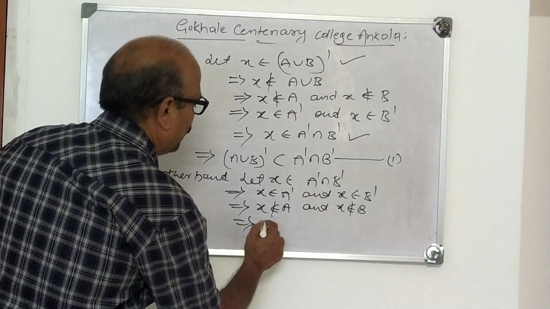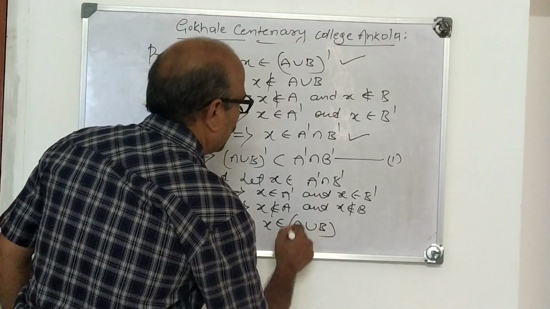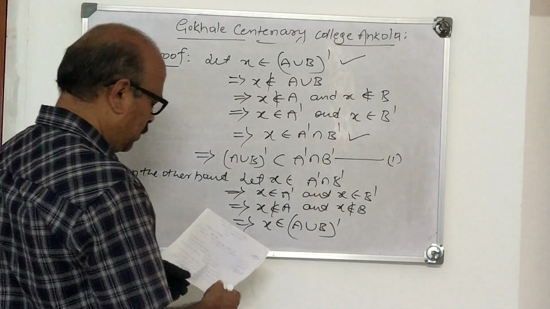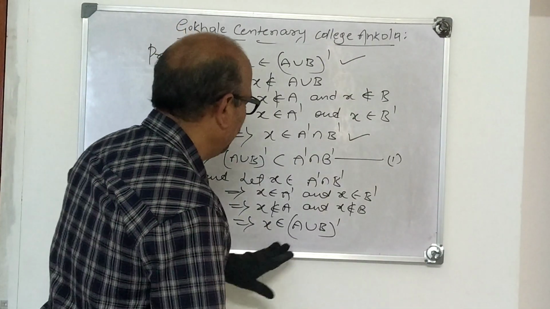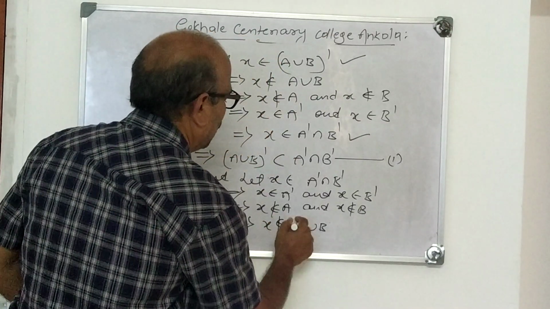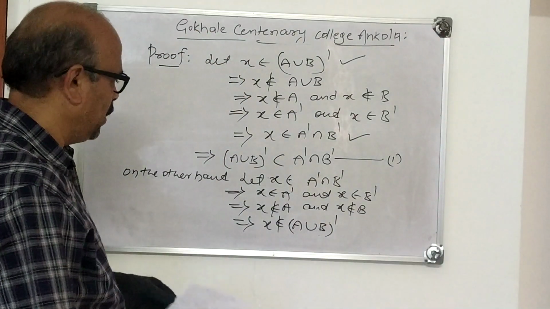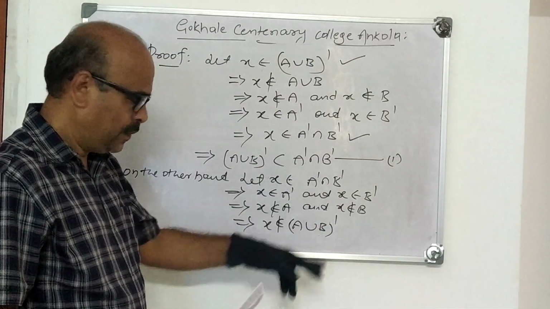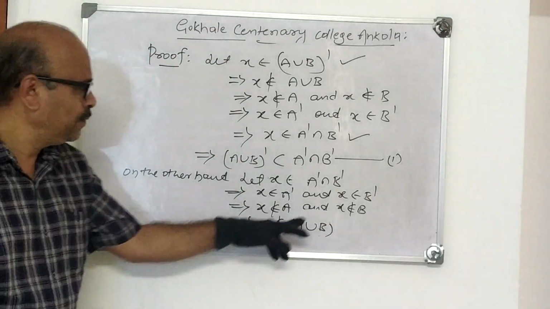This implies x belongs to (A union B) complement. X doesn't belong to A, x doesn't belong to B. This implies x doesn't belong to A union B, correct?